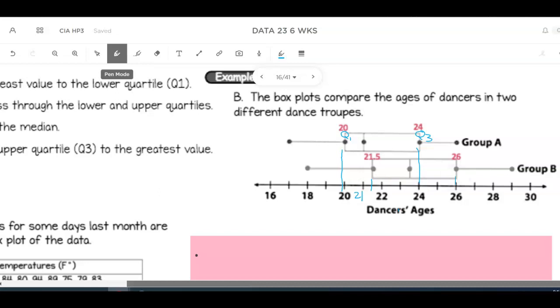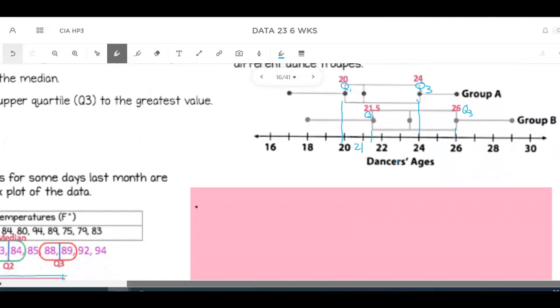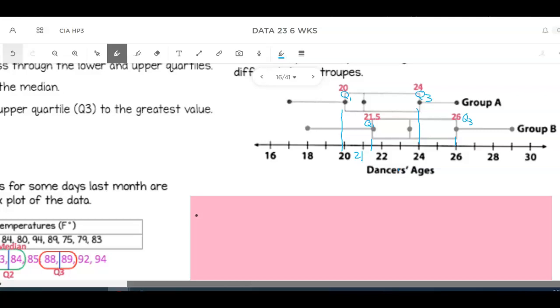And on this side, we have 26. So that's our Q3 over here and Q1. Let me fix that. This is Q1. So remember our quartile 1 and quartile 3 are just the sides of the box. And 50% of all the data from this data set is in the box. 25% on each whisker.